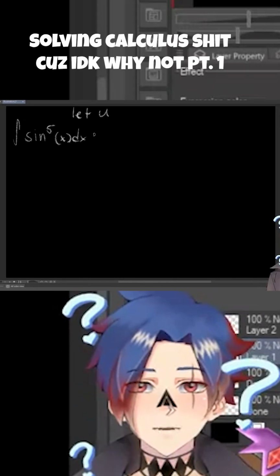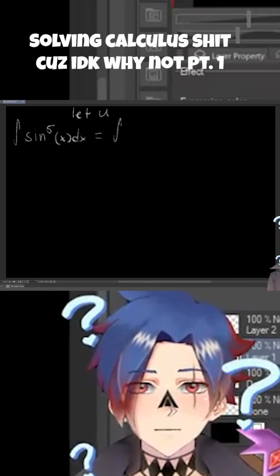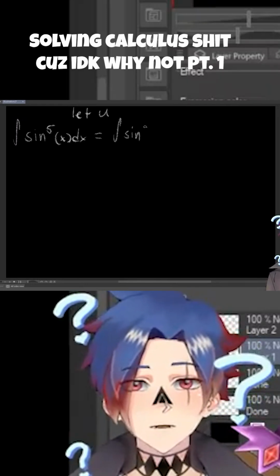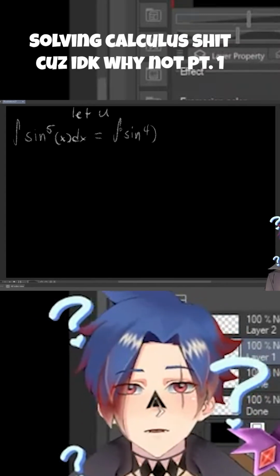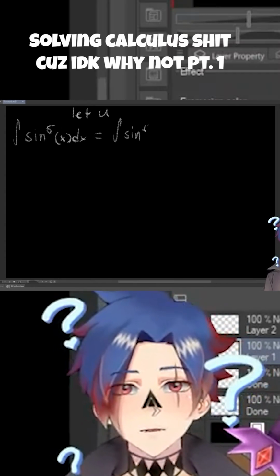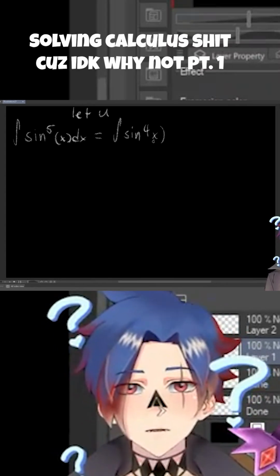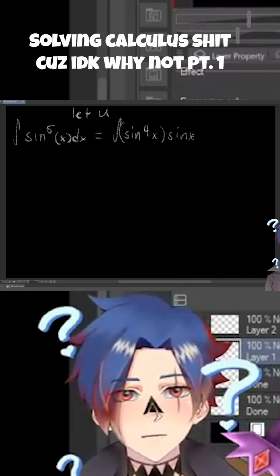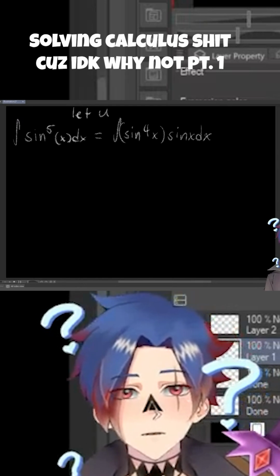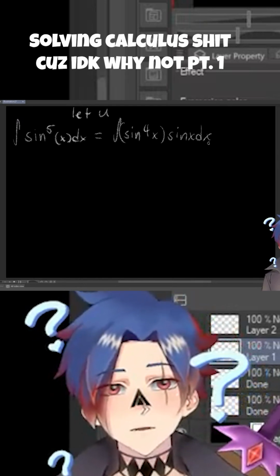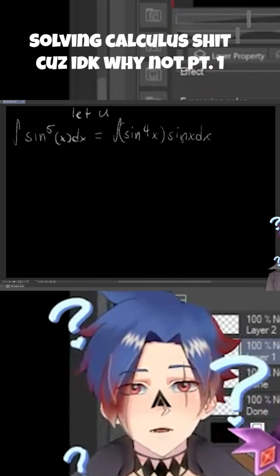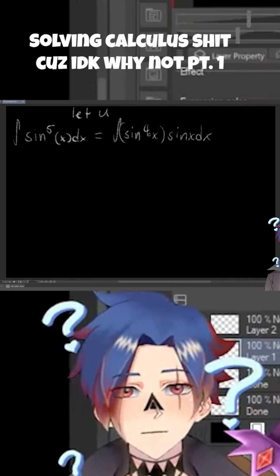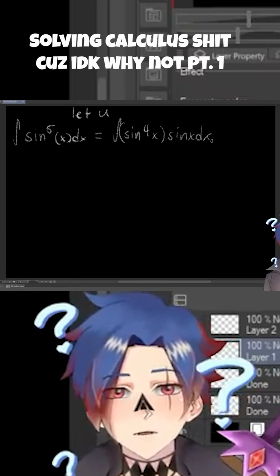So sine^5 x could be equal to, of course, the integration of sine to the fourth power x times sine x dx. So that could work. It's something we could use. Not gonna touch sine x for now because we still have to do something about sine^4 x, because there's no integration for that.